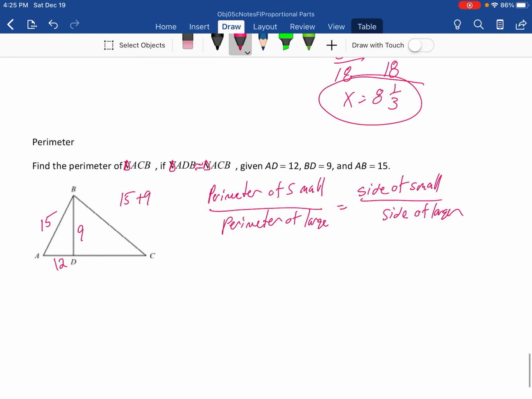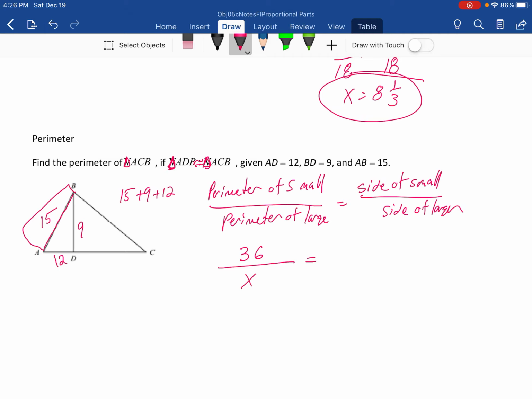Okay, I don't know the perimeter of my larger triangle. Now I have to look for corresponding parts with my similar triangles, and I'll make sure that I correct this. I don't know why this keeps doing this in your own notes. But I look at, okay, so AB right here, it's a side of my small triangle, but it's also a side of my big triangle. So let's see if I have a relationship where I can use that.